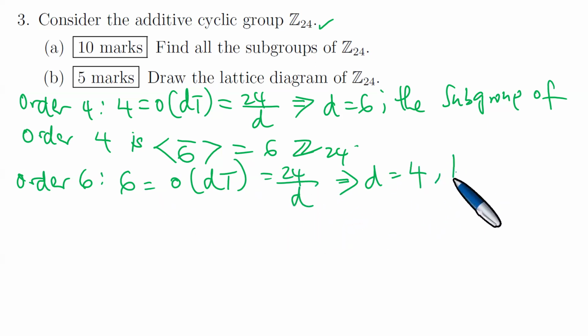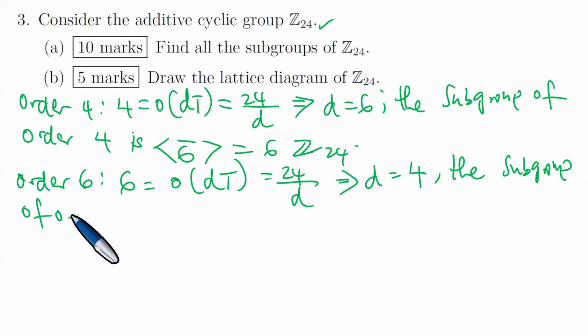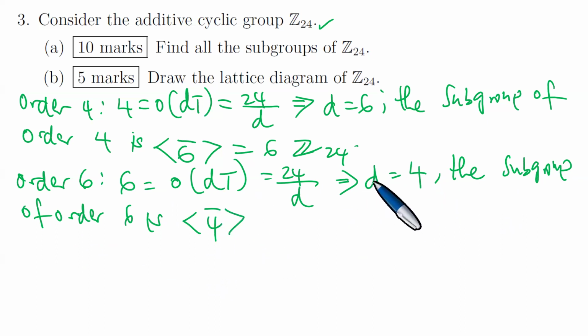So D equals 4. And once you get D, then we have the subgroup. The subgroup of order 6 is generated by the D bar, so it's generated by 4 bar, which is 4Z24.